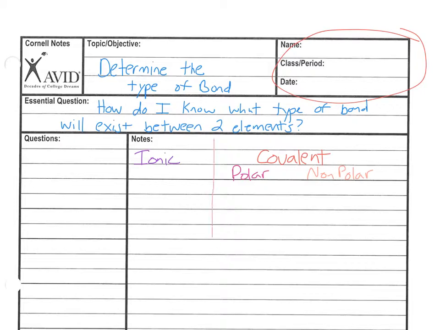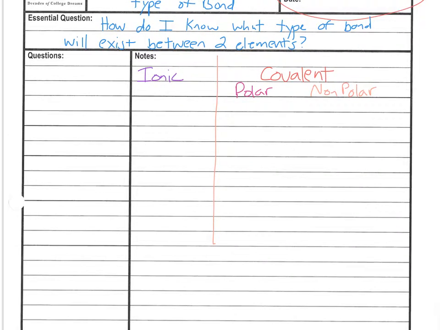So I'm going to draw a line here and move this up a little. Okay, so our ionic compounds form between a metal and a nonmetal. In any ionic compound, you have to have a combination of a metal and a nonmetal.